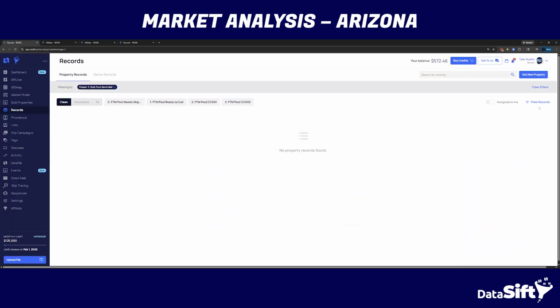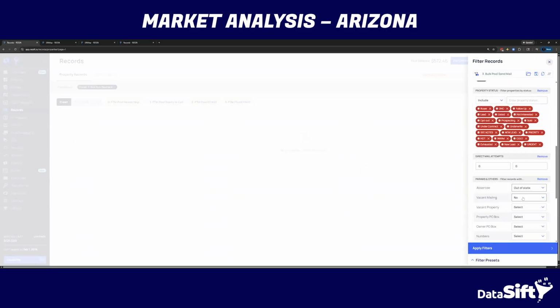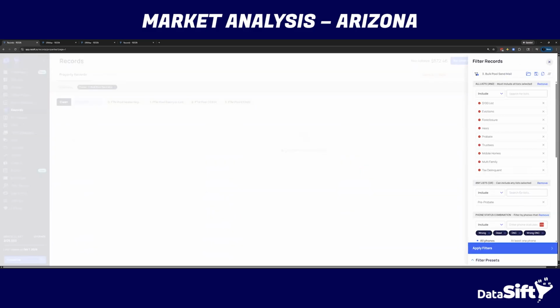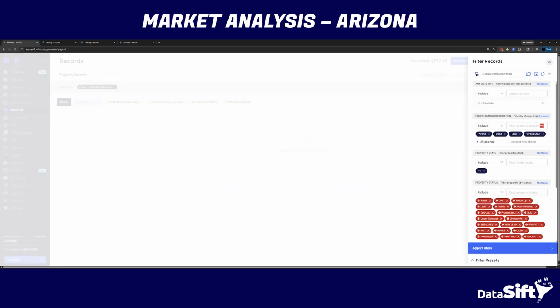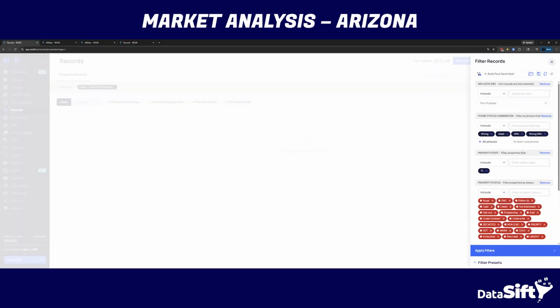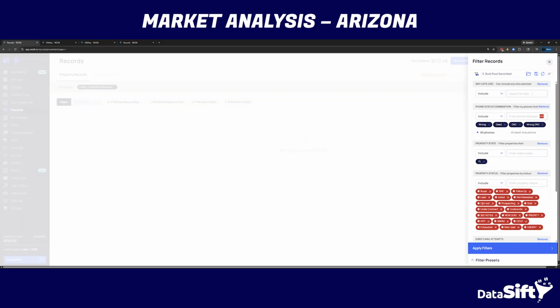Click apply. None meets that criteria. What if they're in state? I could kind of do whatever I want here in terms of trying to narrow that down. So nothing matches that criteria. It's because, oh, you know why? Look at this, I got these ones in there. Let's just remove that. No, nothing there. I'm surprised I got no pre-probate that are fully exhausted.